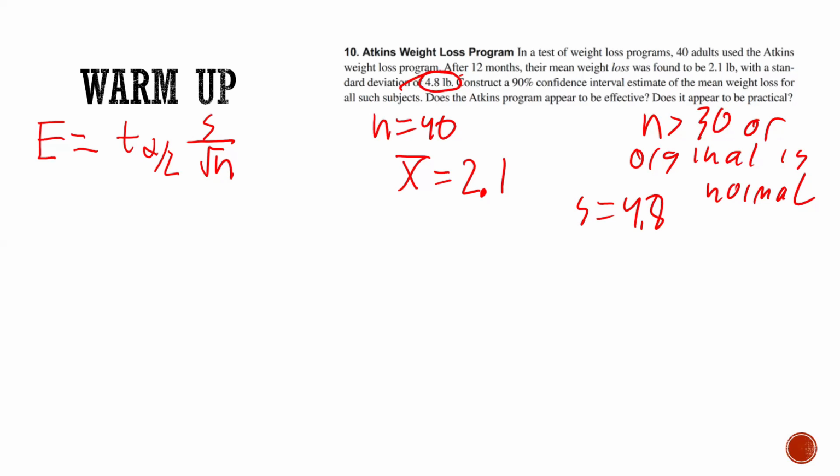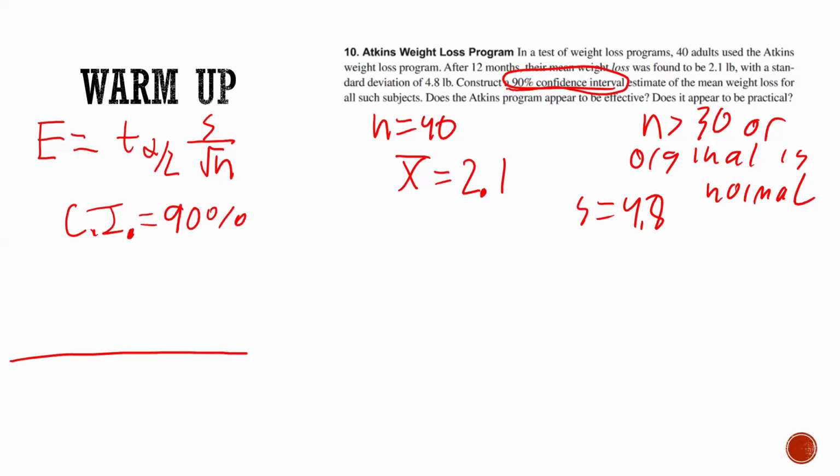All right, what's the other piece of information that you got out of this problem? One thing before is written in there. Confidence interval is 90%. All right. So confidence interval is 90%.